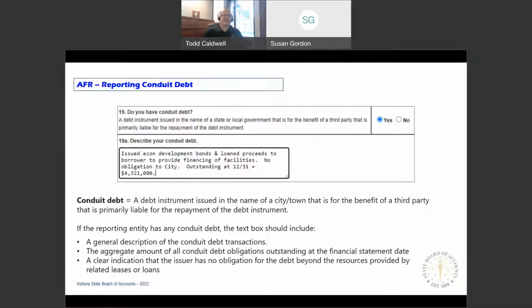So if you have any conduit debt, the things you'll want to put in the text box include a general description of the debt transactions, the aggregate amount of all conduit debt obligations outstanding at the financial statement date, which is going to be 12/31 of 2021, and a clear indication that the issuer doesn't have any obligation for the debt beyond the resources that are provided related to the leases or loans.